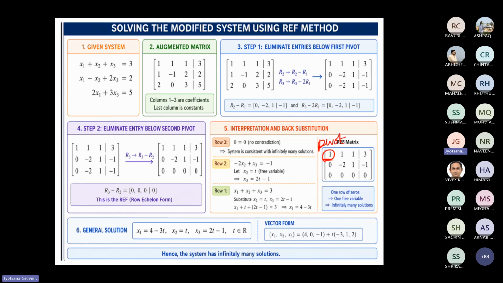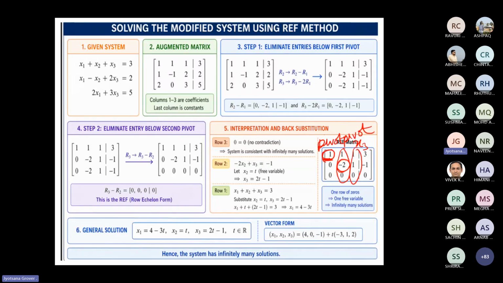So you call this column also a pivot column. Now this element is the leading element of row 2, and this is also a pivot. You can call this column also a pivot column. Is that okay? Yes, ma'am. Got it? Now this x3, this is the third column.